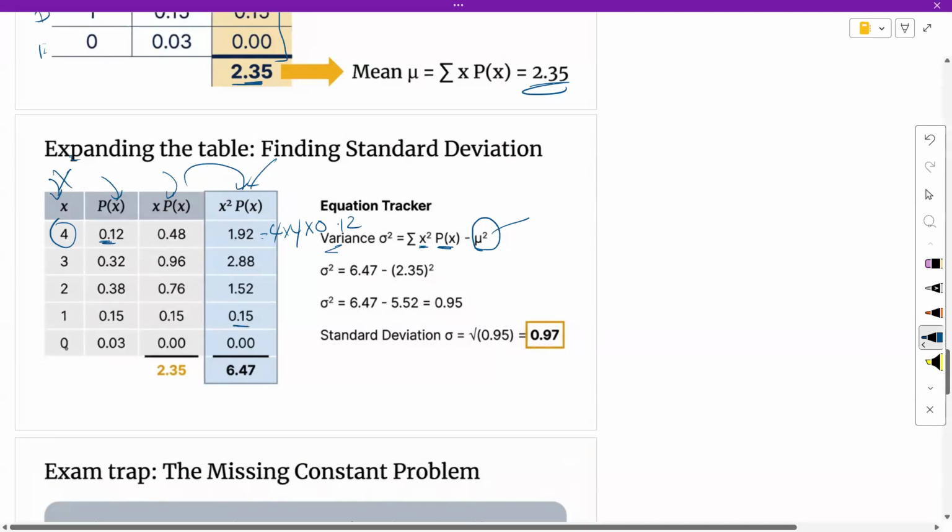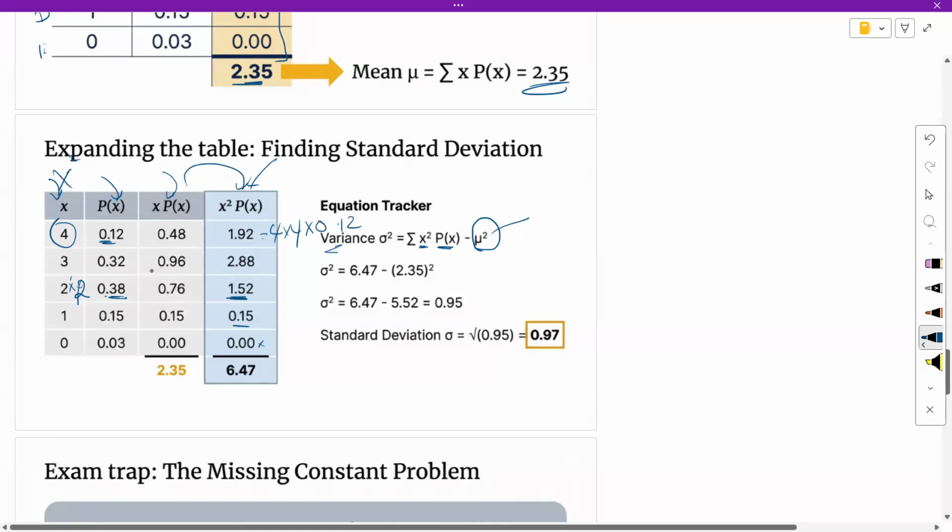Here 0 into 0, into 0.30 equals 0. Likewise, 2 into 2 equals 4, into 0.38, that is 1.56.